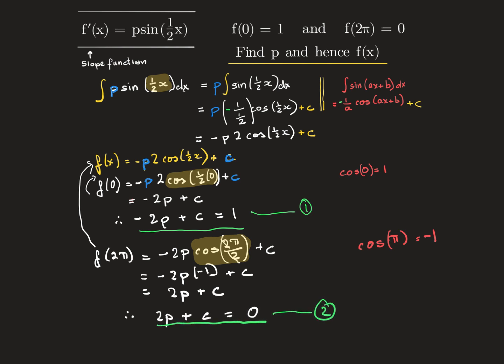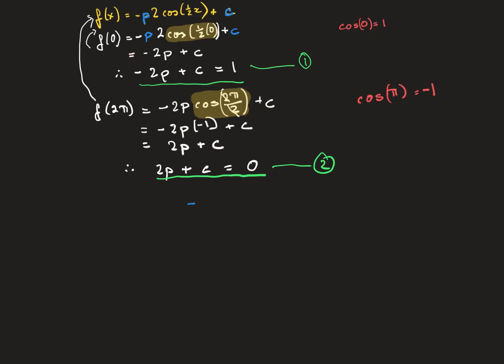And I have two simultaneous equations that I need to work out. I'll just rewrite them here. That's one of them. And the other one is 2p plus c is equal to 0. There are various ways of doing this.